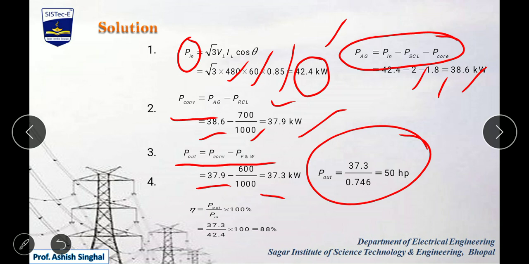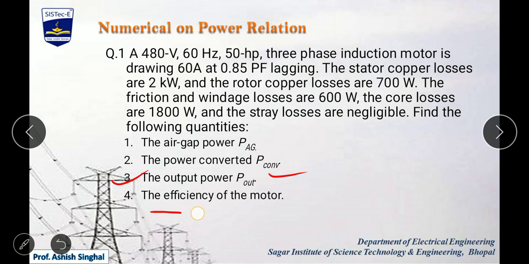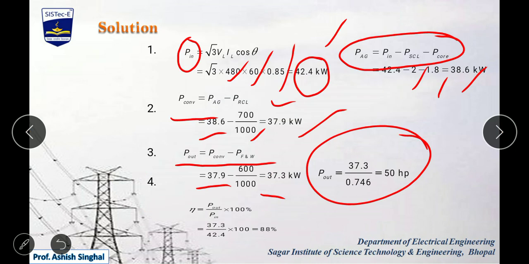Now the question is about the efficiency of the motor. We know that the efficiency is the ratio of the output power to the input power. When we find this out, the efficiency is 88% for the induction motor. So this is all about the simple numerical of induction motor.